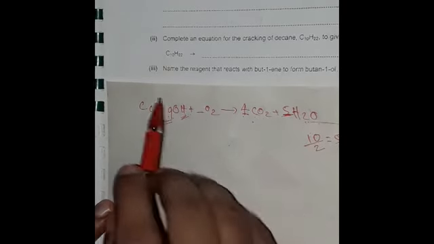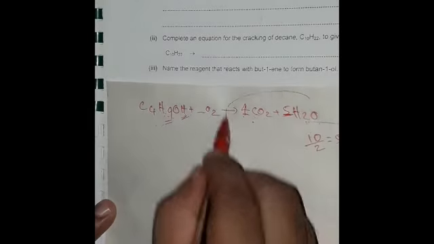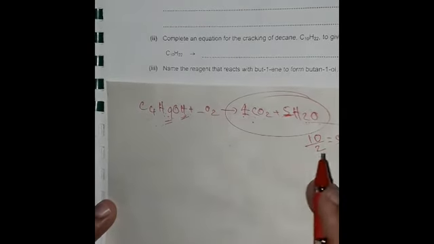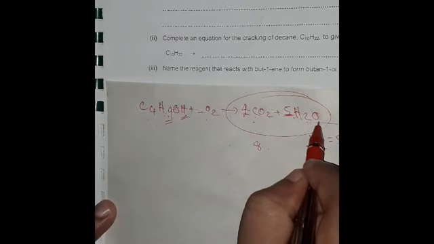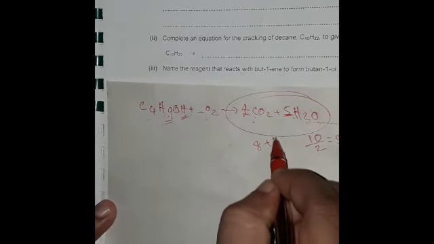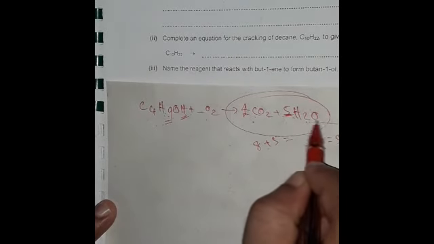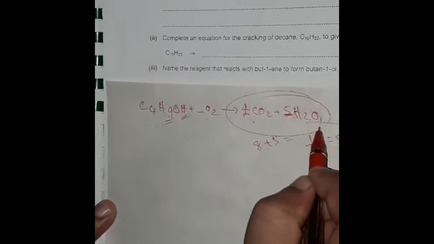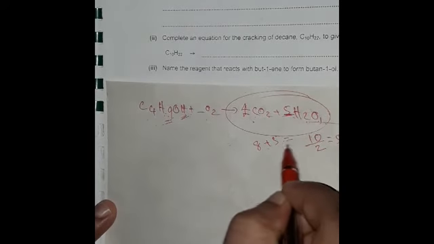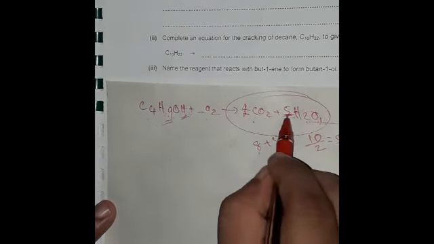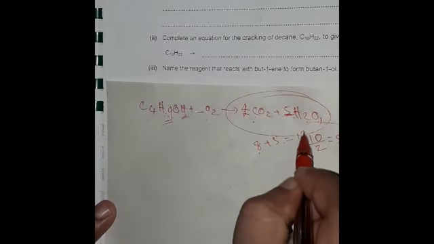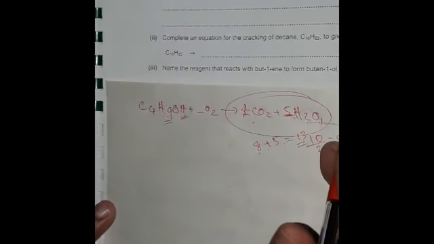Okay, now look here, total how many oxygen in right hand side? 4 times 2, 8, 5 H2O. H2O mean here 1 oxygen, 5 times 1, 5. Okay, so 4 times 2, 8, 5 times 1, 5, total 13 oxygen in right hand side.